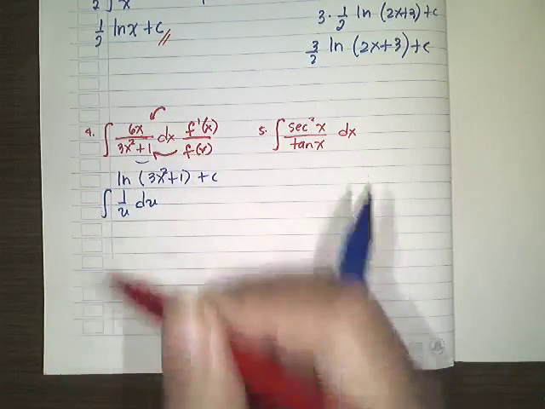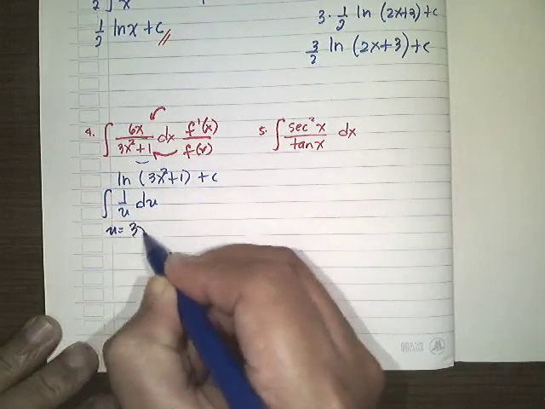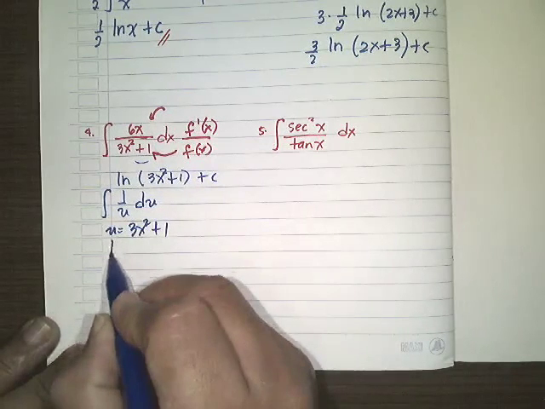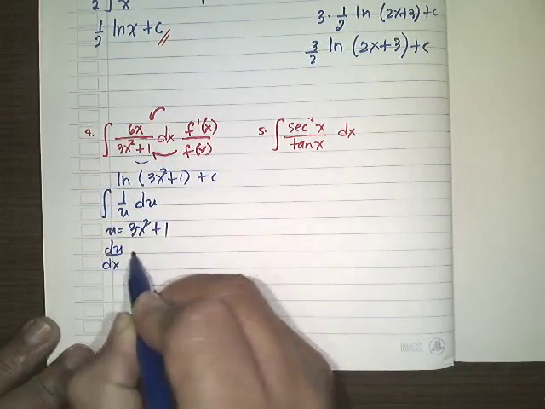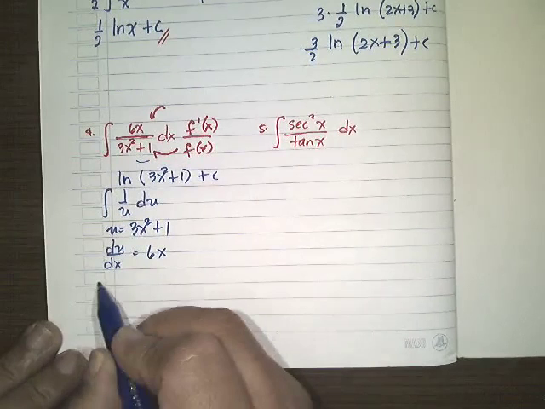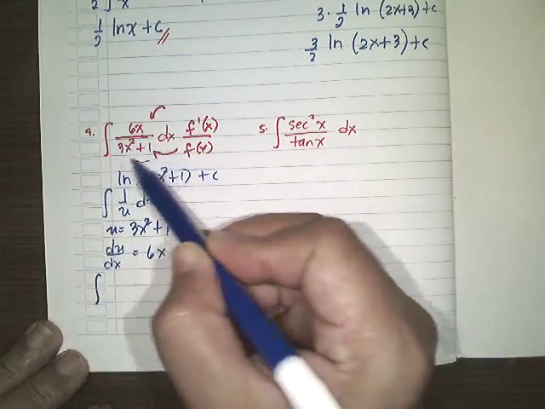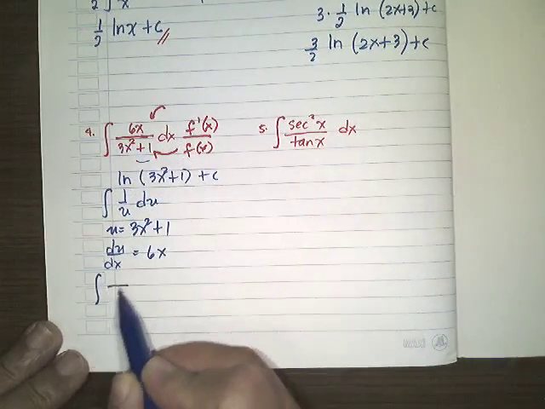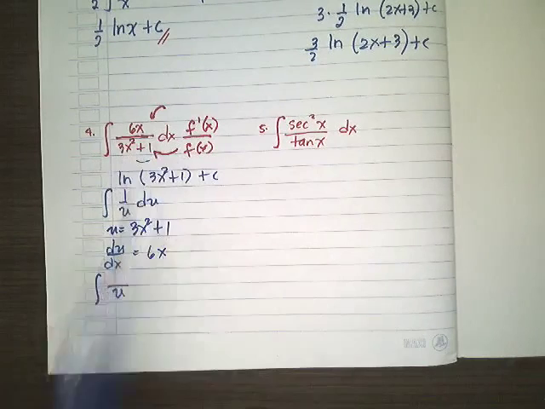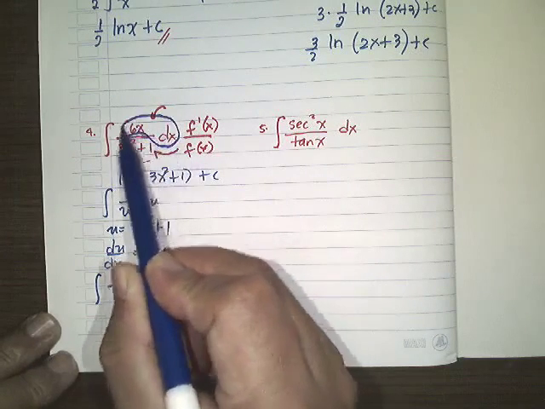So again here, you can let u be 3x squared plus 1. After that, you take du dx, and du dx is 6x. So by substitution, in the original question, this portion here is u. And take a look that here we have an expression 6x dx.